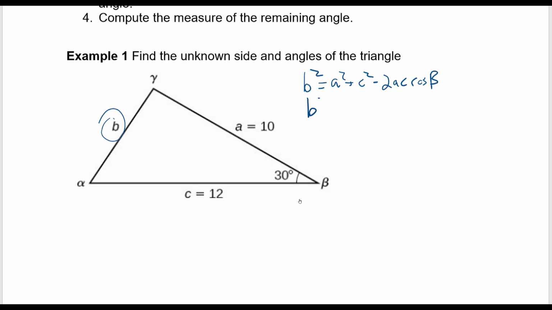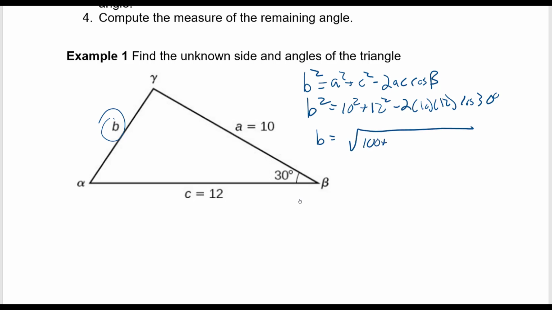So b squared is going to be 10 squared plus 12 squared minus 2 times 10 times 12 times cosine of 30 degrees. So b is going to be the square root of 100 plus 144 minus 240 cosine of 30 degrees.